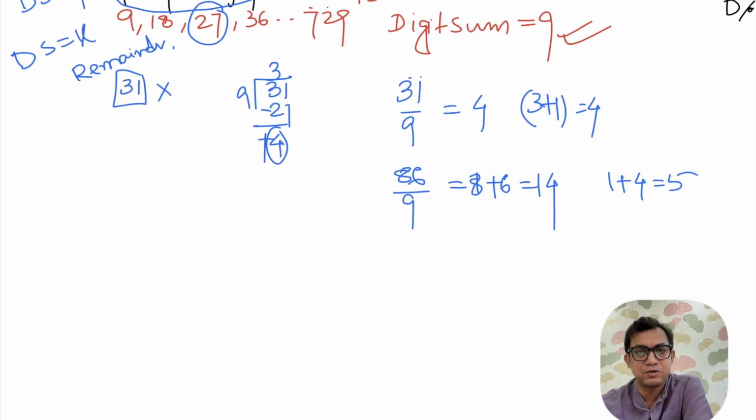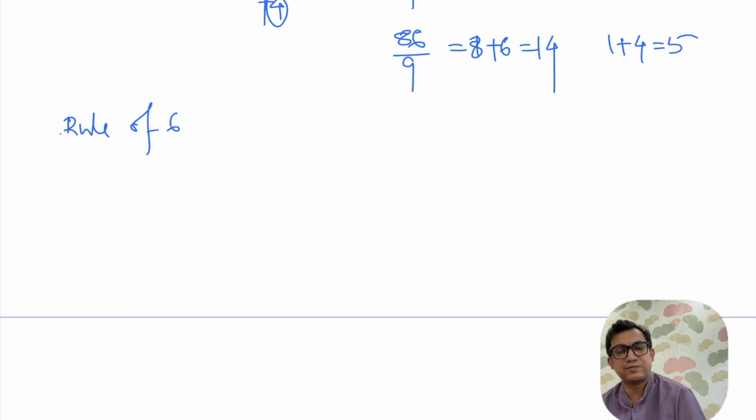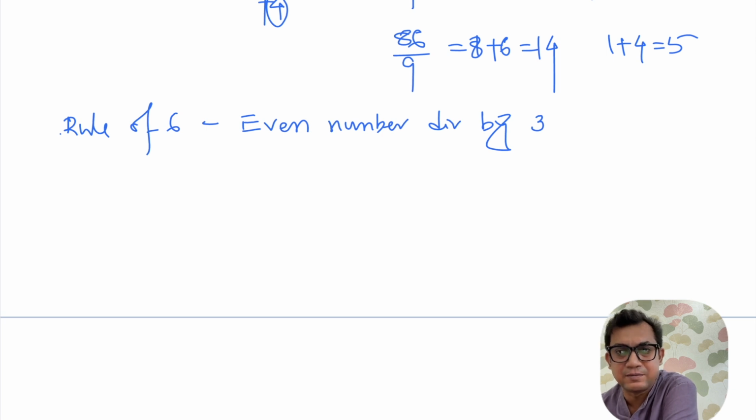What is the divisibility rule of 6? The rule of 6 is, if an even number is divisible by 3, even number meaning divisible by 2, and then by 3, it is divisible by 6.